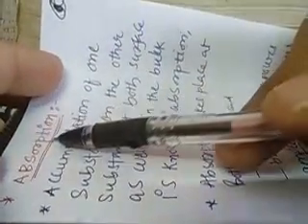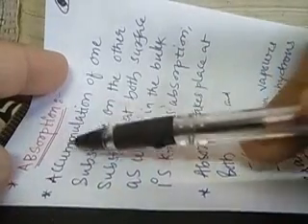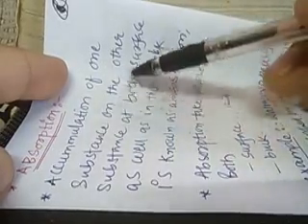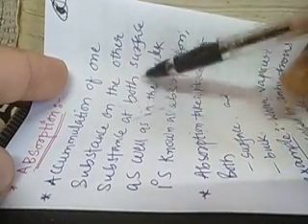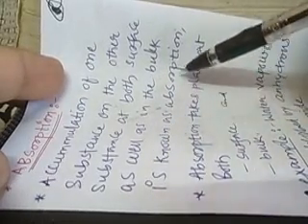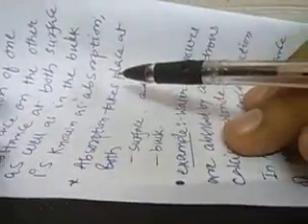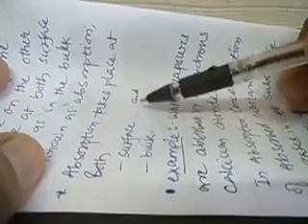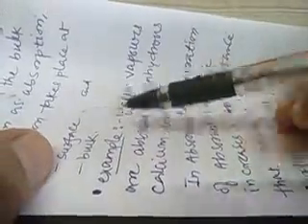Now we'll study absorption. So we'll define it. What is the definition? Accumulation of one substance on the other substance at both surface as well as in the bulk is known as absorption. Absorption takes place at both surface as well as in the bulk.